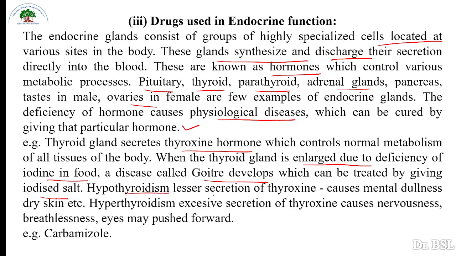Hypothyroidism, lesser secretion of thyroxine, causes mental dullness and dry skin. Hyperthyroidism, excessive secretion of thyroxine, causes nervousness, breathlessness, and eyes may be pushed forward, and the drug used in the endocrine function, for example, is carbimazole.